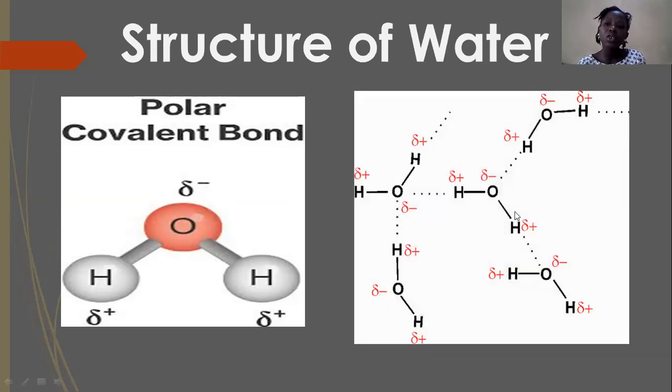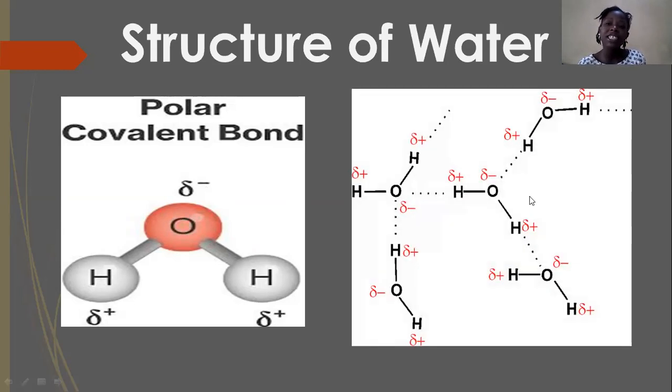Now, another thing you should know about the structure of water is that it contains hydrogen bonds. We've talked about types of bond in our SS1 class. A hydrogen bond is the bond between a hydrogen atom and a very electronegative element in another molecule. Look at this, for example. You have oxygen with this dotted line.